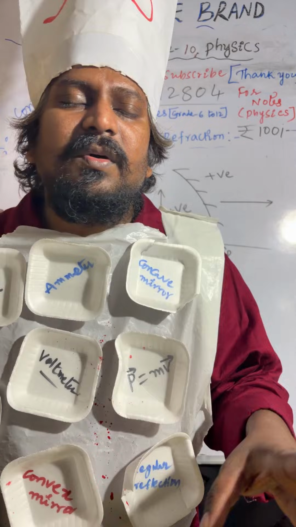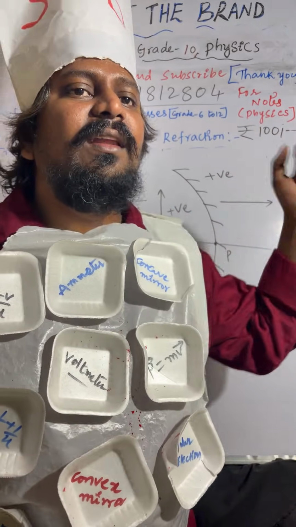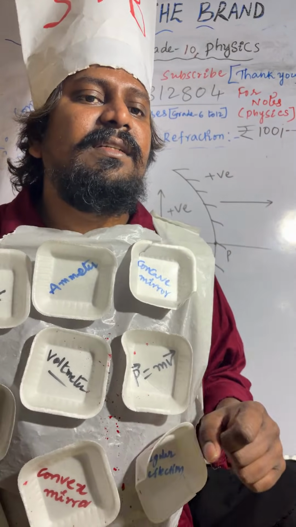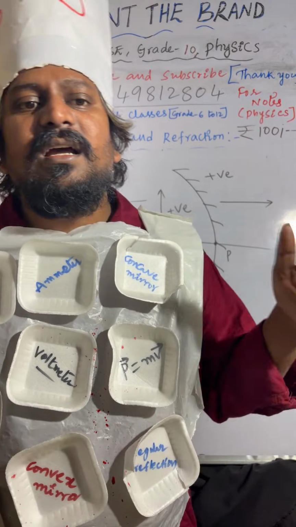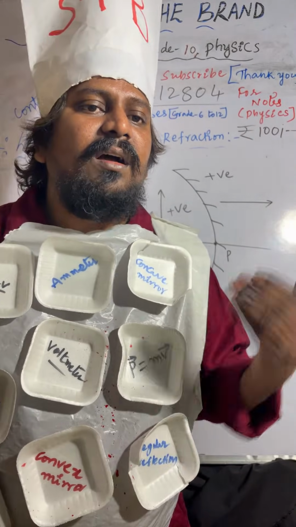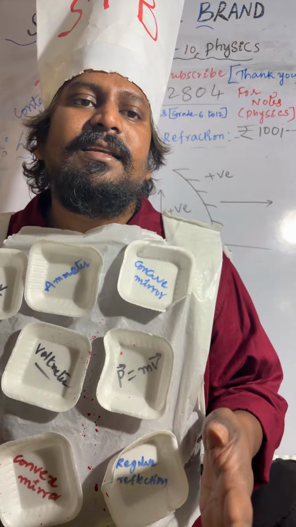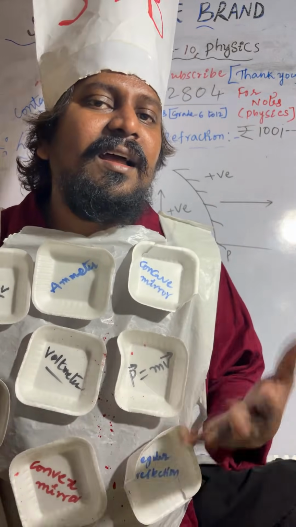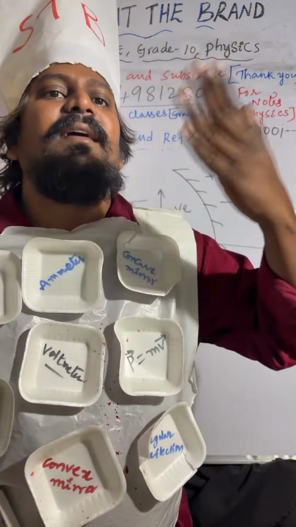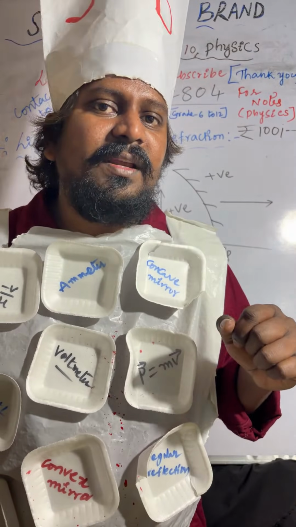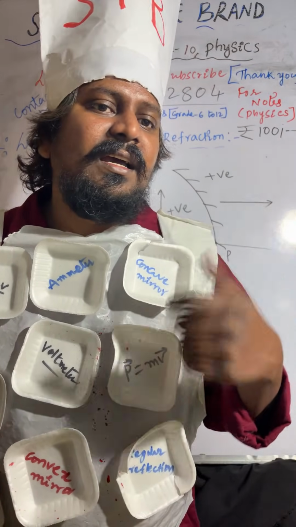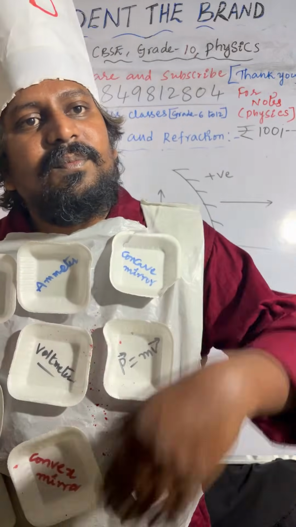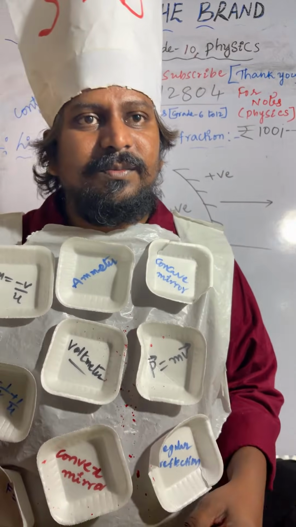Distance is positive along the incident rays. Distance is negative opposite to the incident rays. Distance is positive above the principal axis. Distance is negative below the principal axis.